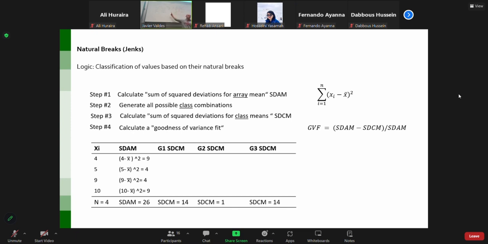So, do you understand how it works now? Do you understand the logic? What is important for me is that you understand the difference between the array and the group, that you understand why we do the squares, and the different combination possibilities.